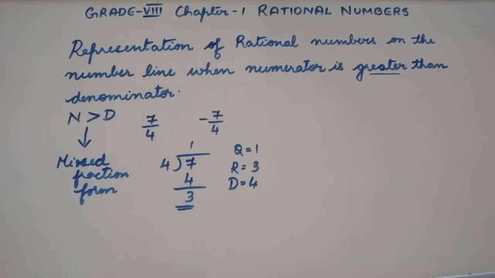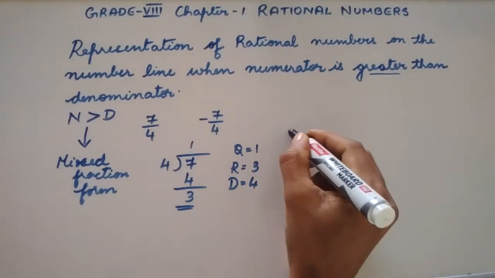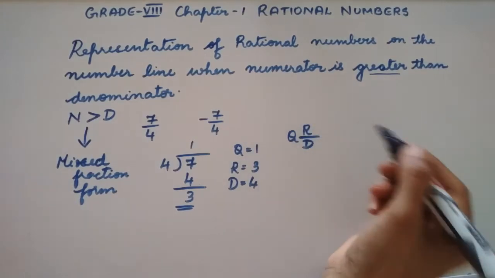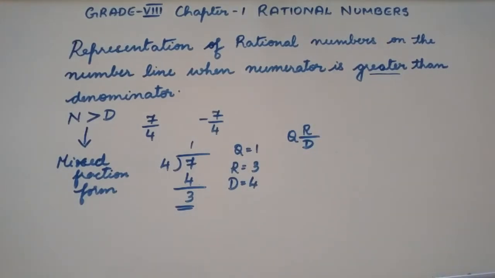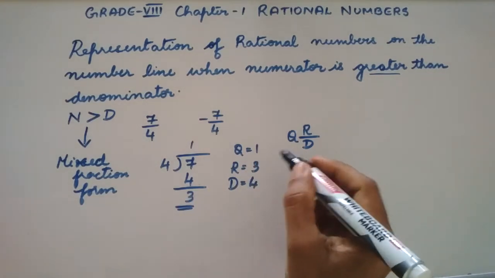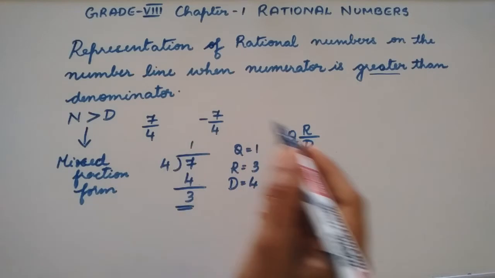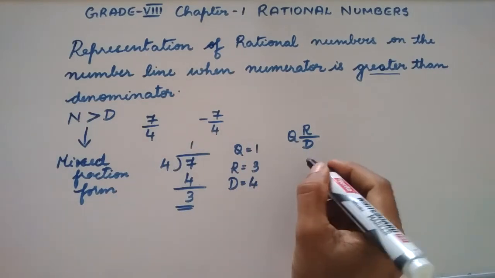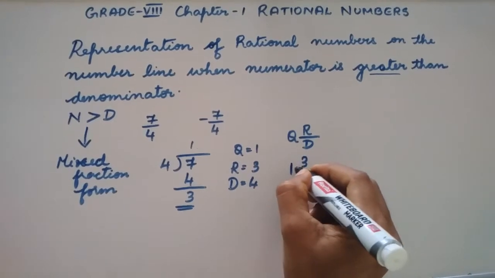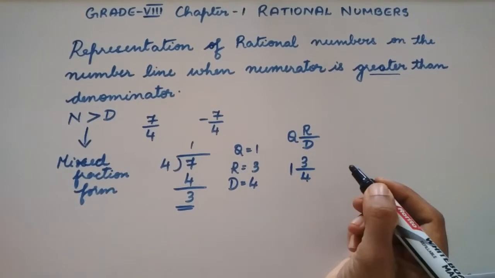So we write the mixed fraction form as quotient, remainder divided by divisor. That is, here 7 by 4 can be written as 1, 3 by 4.